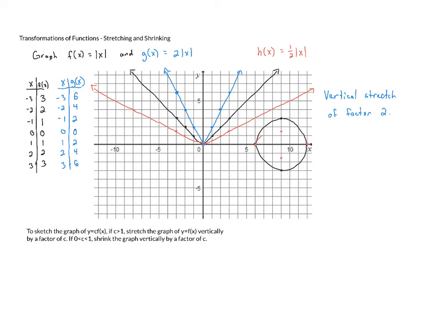So what would effectively happen is we would end up, instead of with a circle, with more of an oval shape because it's not quite as tall as it was before. Everything kind of condensed, getting closer and closer to the x-axis.